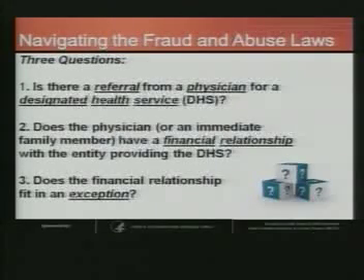What we need to do is, first of all, talk about the financial relationship element as well. Financial relationships include ownership and investment interests as well as compensation arrangements. So anytime a referring physician has a financial relationship like an office lease or a medical directorship with an entity that furnishes designated health services like a hospital or an imaging center or a lab, the Stark Law is implicated and should be analyzed.